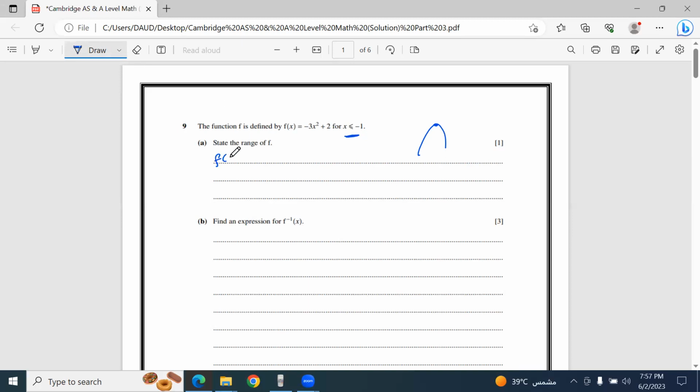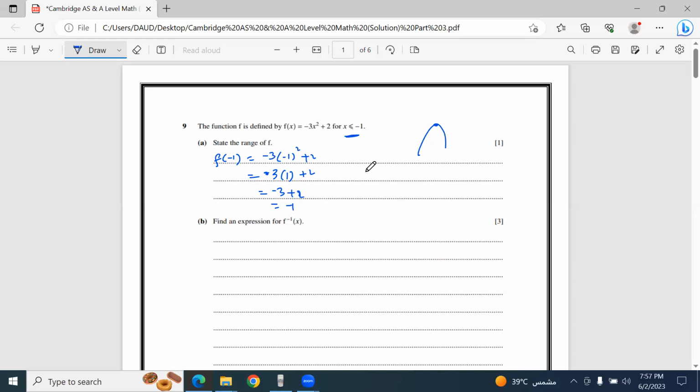Here f of minus 1 gives us minus 3 times minus 1 squared, which is 1, plus 2, which is equal to minus 3 plus 2, minus 1.